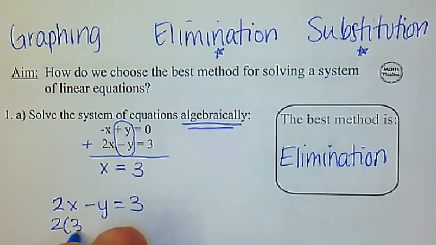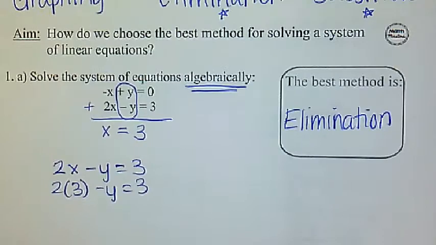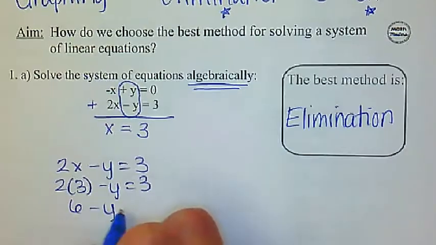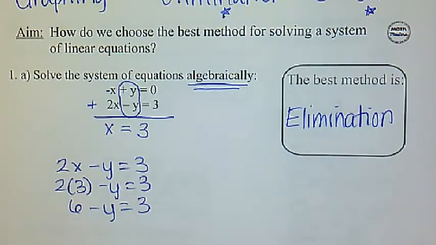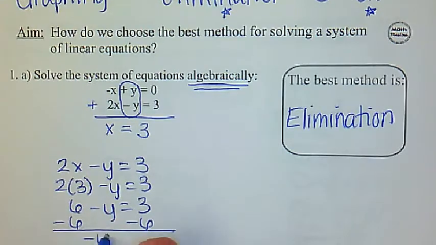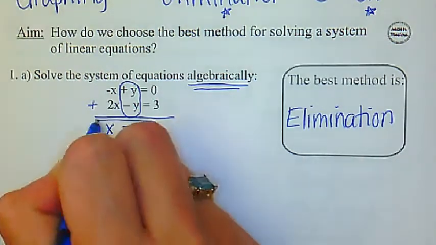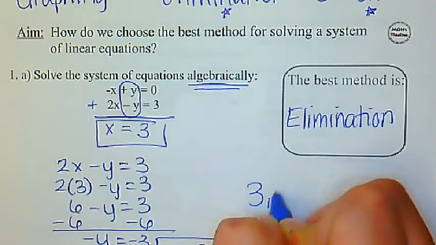So 2 times 3 minus y equals 3. 6 minus y. Okay, so my final solution is 3, 3.